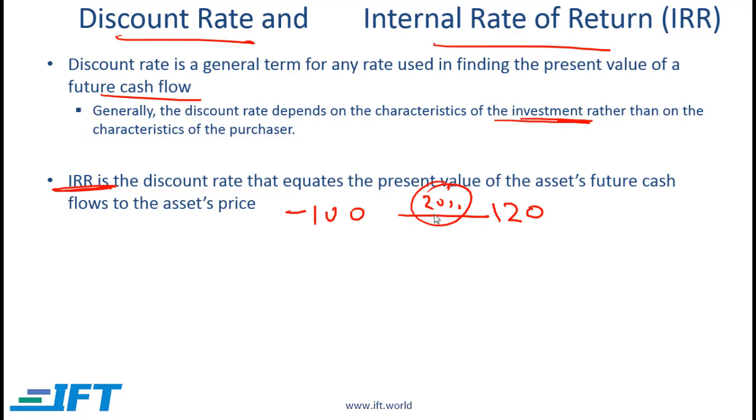And you can notice that if you find the NPV of this project, you have minus 100 plus 120 over 1 plus R. And if you set this equal to 0, then the rate which makes this equation true, in other words, the rate which makes NPV equal to 0 is 20%. So the IRR is effectively the return on the project.